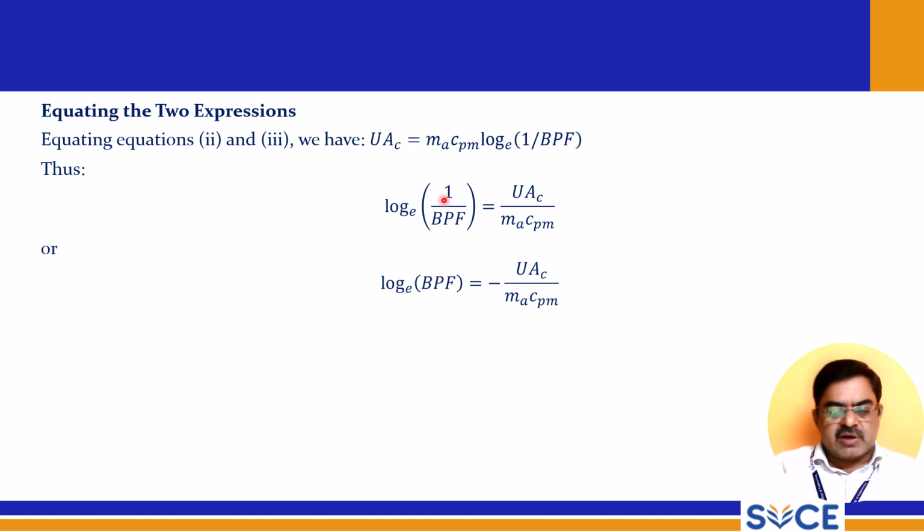The logarithm of 1 by BPF is equal to UAC divided by Ma CPM, or we can write it like this: the logarithm of BPF, the bypass factor, equals minus, because it is reciprocal, UAC divided by Ma CPM. So the bypass factor is e to the power of minus UAC divided by Ma CPM, that is e to the power of minus UAC divided by 1.022 Ma. This is how we can find BPF.